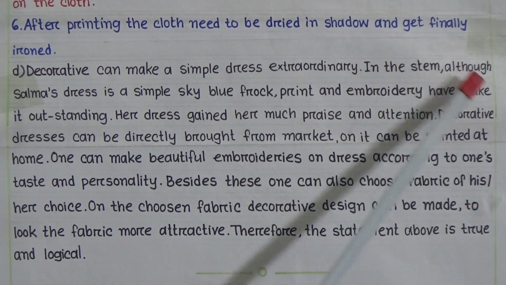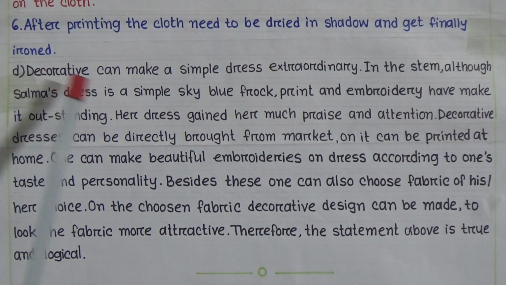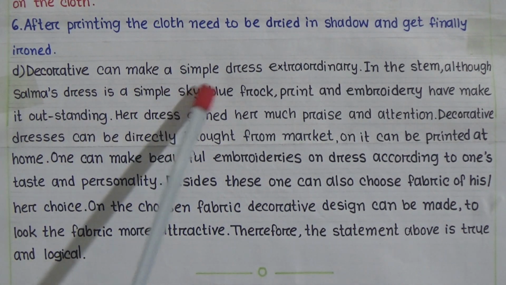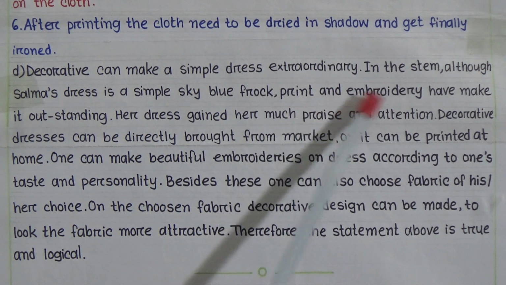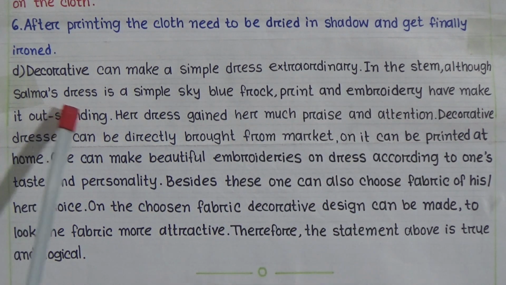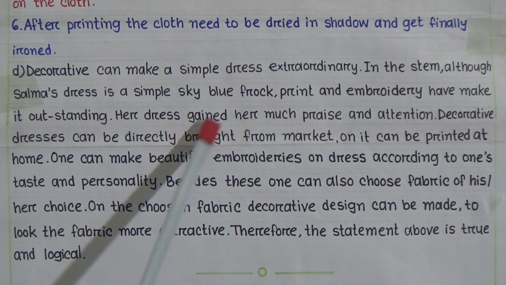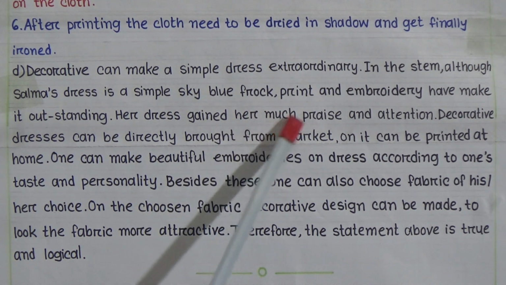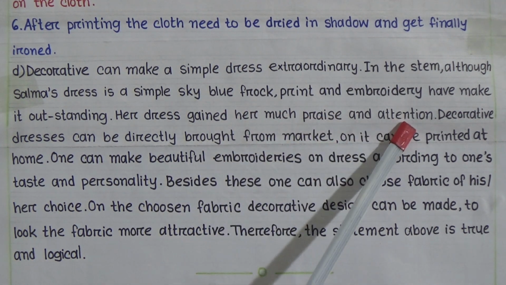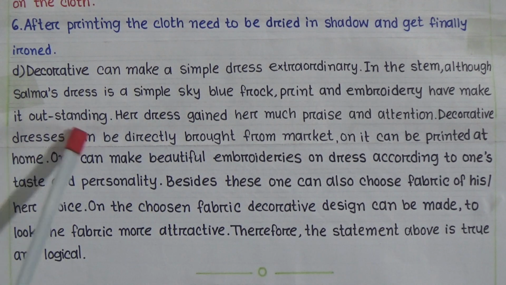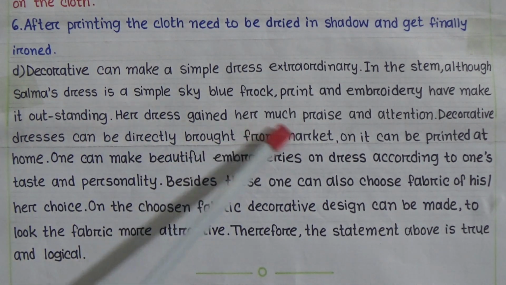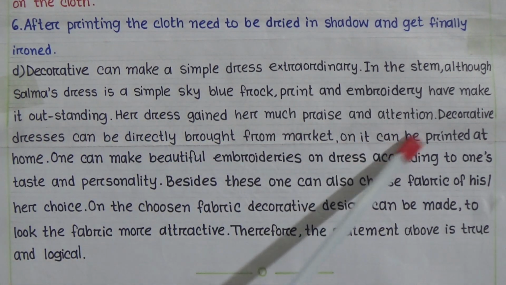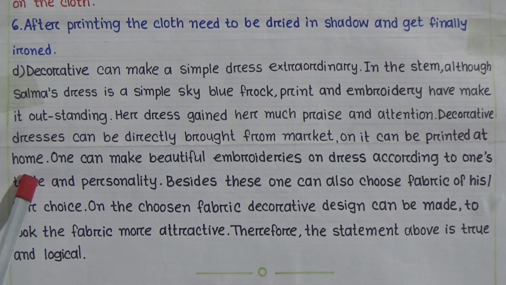In the stem, although Salma's dress is a simple sky blue frock, print and embroidery have made it outstanding. Her dress gained her much praise and attention. Decorative dresses can be directly bought from the market, or they can be printed at home.